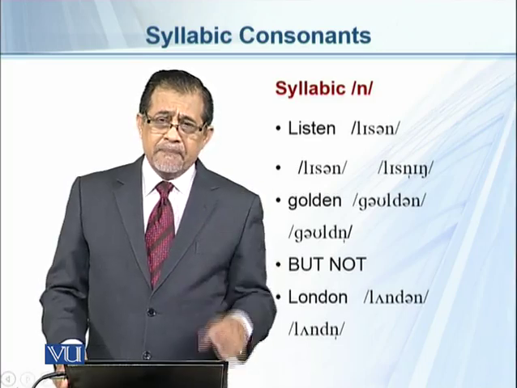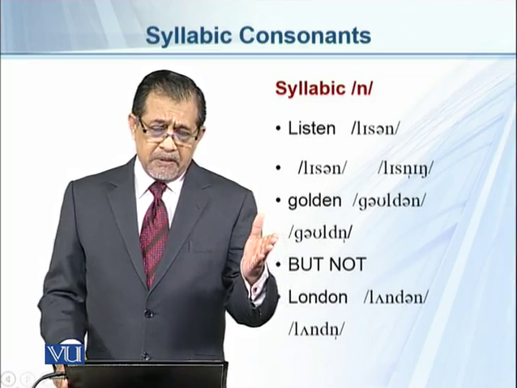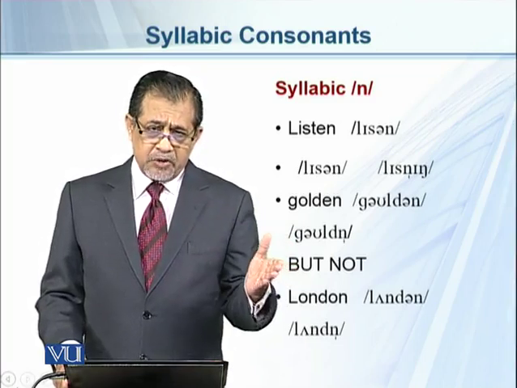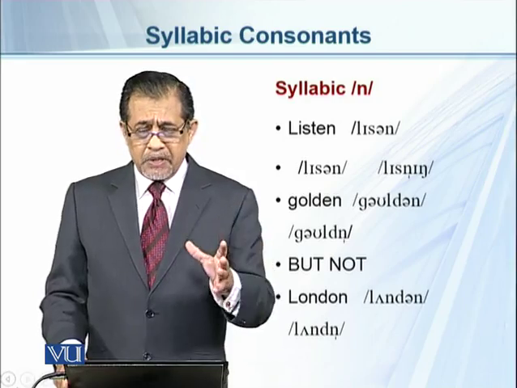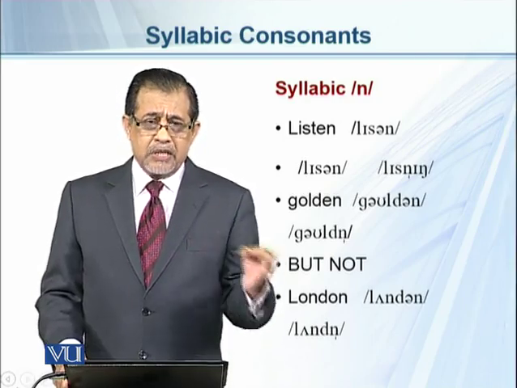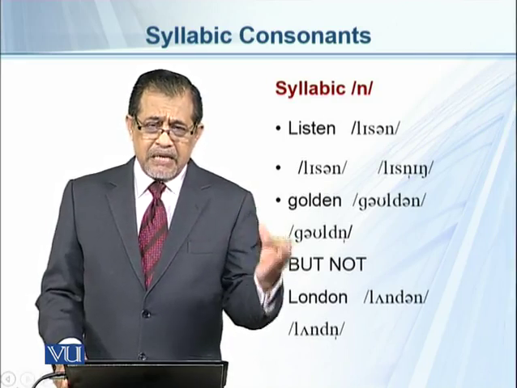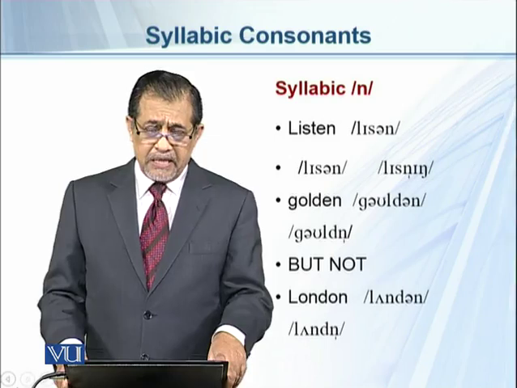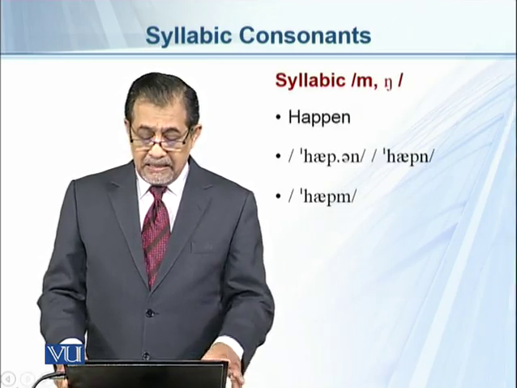Similarly, in the first syllable before the stressed syllable, if we find schwa plus n sound, it is not generally made a syllabic consonant. Now syllabic nasal sounds: m and ng.